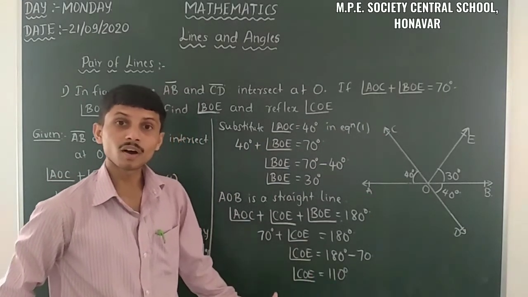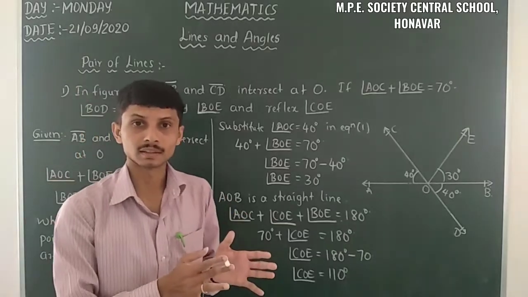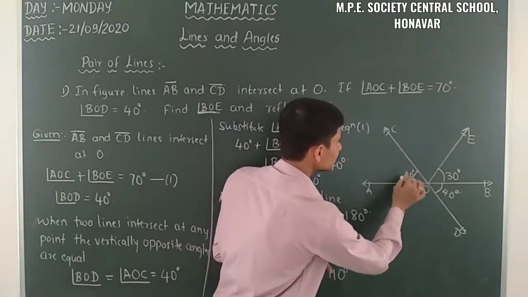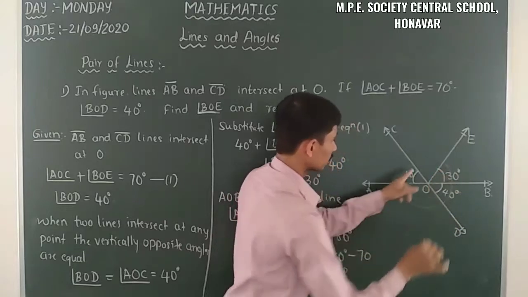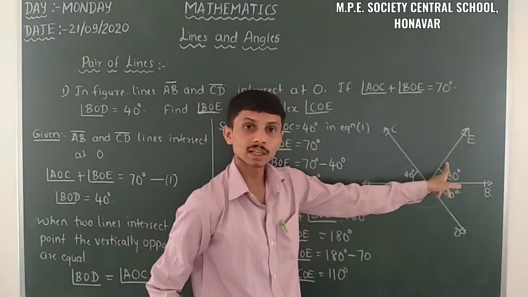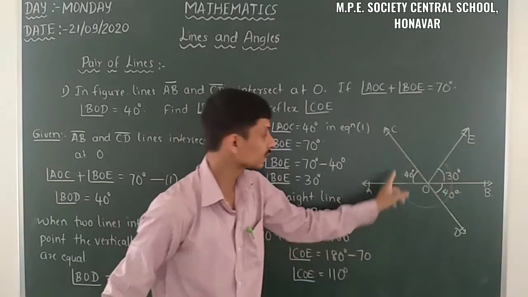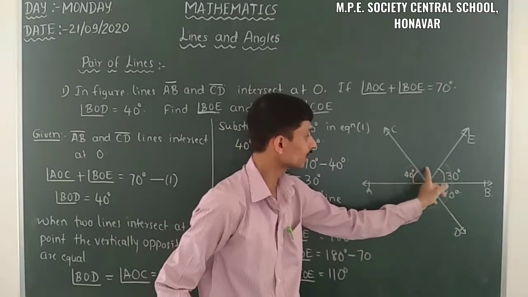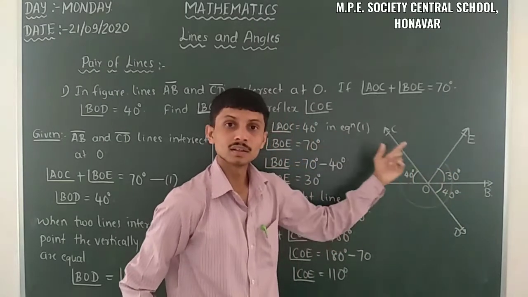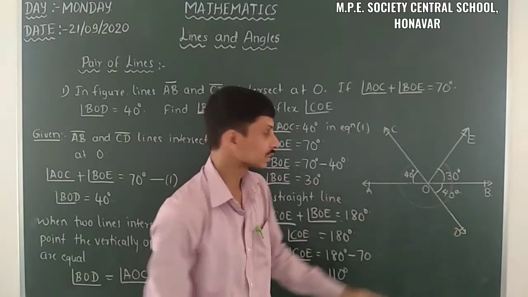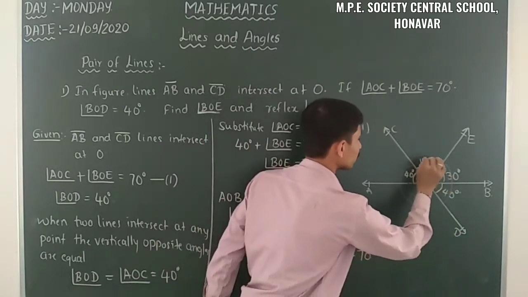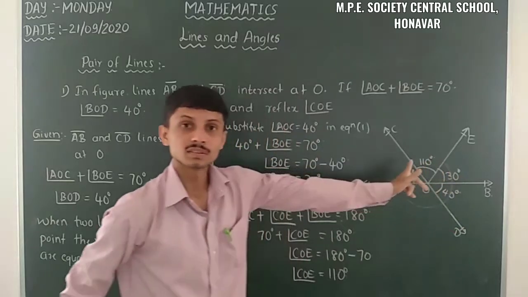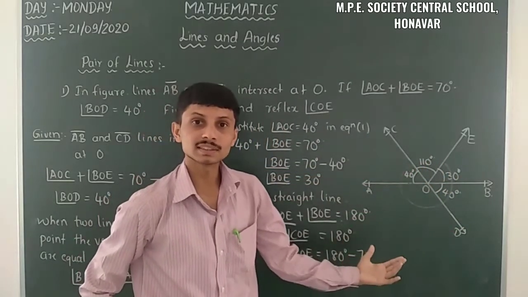Then here we want the reflex angle. Reflex angle means we have to find out this angle. The complete angle is 360 degrees, so out of that we have to subtract this part, which is 110 degrees, from 360 degrees.